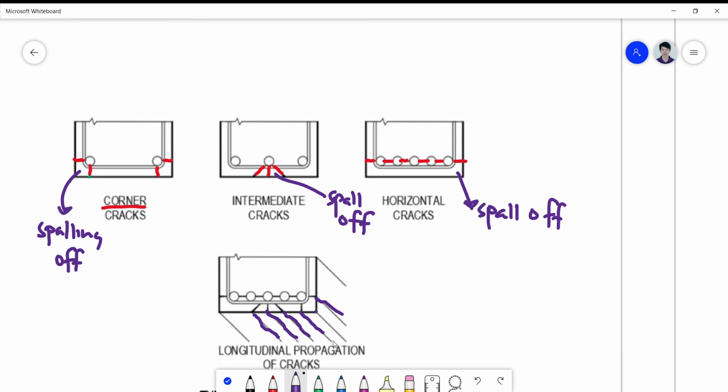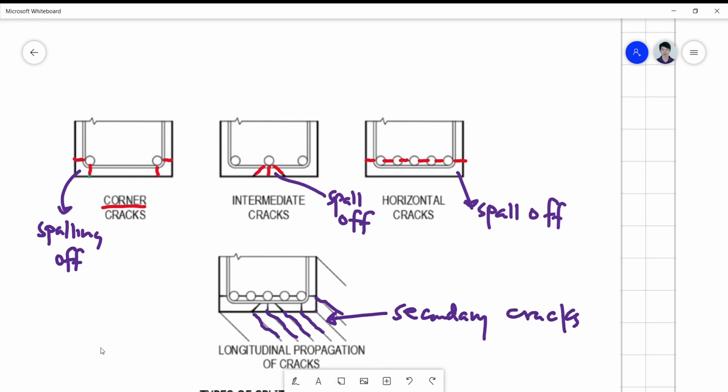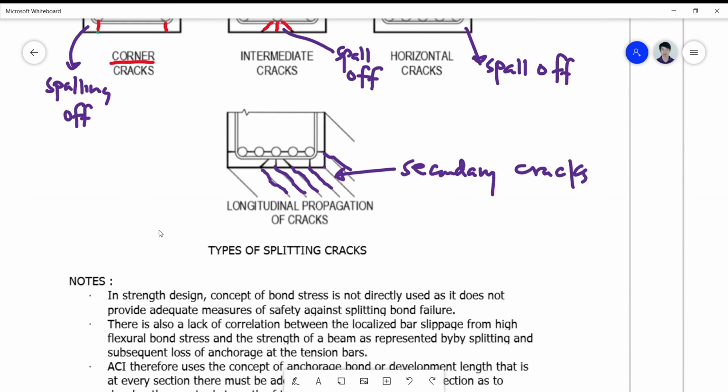Okay, and these are the secondary cracks that we are referring to. Okay, the longitudinal cracks are actually the secondary cracks that we are referring to.